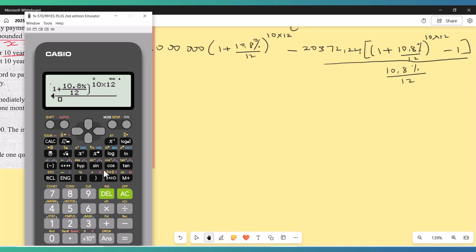When you are done, you say minus 1 as you see it in the formula here, close bracket.